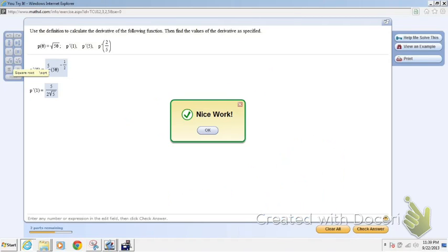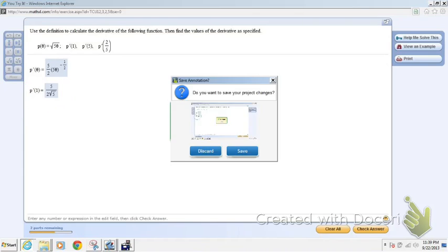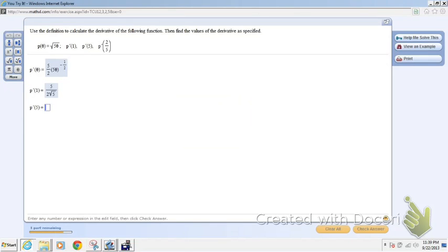And again, you can see I typed it in that form, and it accepted it. And you would perform that same maneuver for p prime of 5, etc. Okay, I don't want this podcast to be too long, let's try one more together.